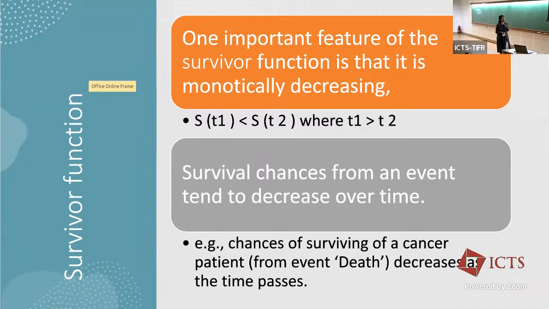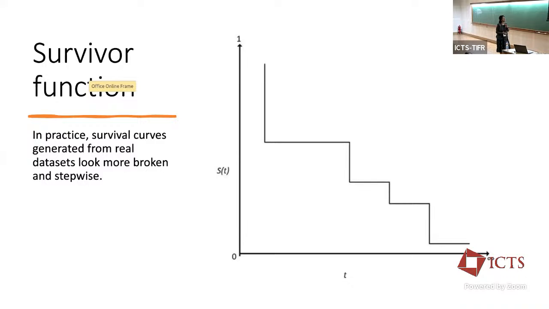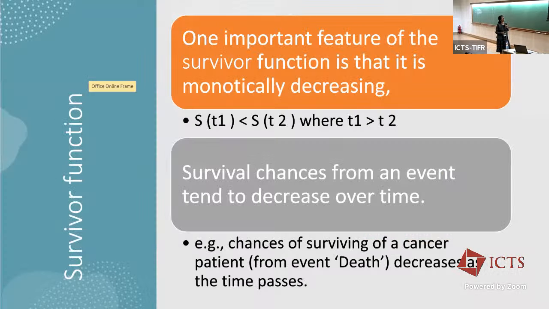Now, one important feature of the survival function is that it is monotonically decreasing. As you can see here, it decreases. So we can say that survival at time T1 is less than survival at time T2, where T1 is greater than T2. Means survival at, for example, 20 months will be less than survival at 10 months.